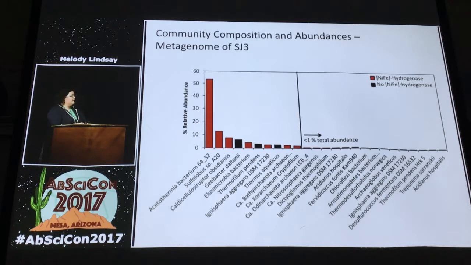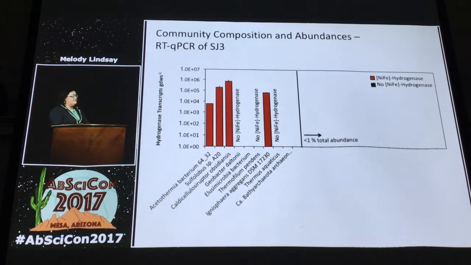And of course, we're looking at the fate of hydrogen in biology, and so we want to see if these organisms in this community are actively metabolizing hydrogen. So in order to do that, and this is a work in progress, but we've got this initial data showing through RT-qPCR, so RNA data looking at activities, that we do have expression of these hydrogenases.